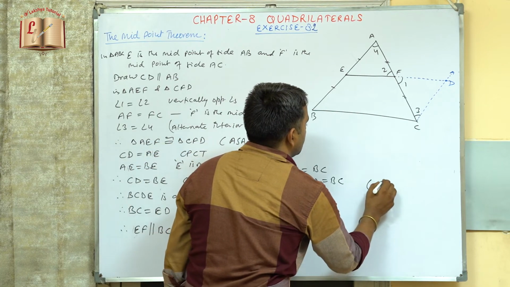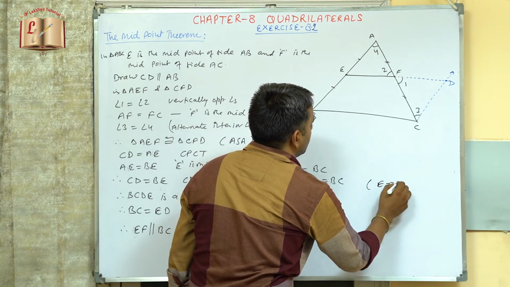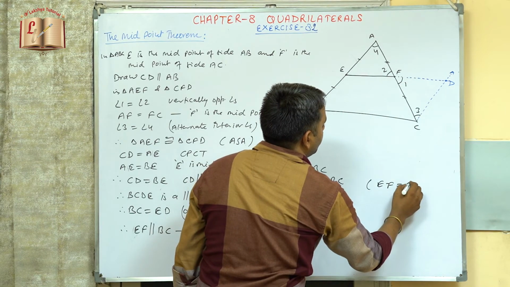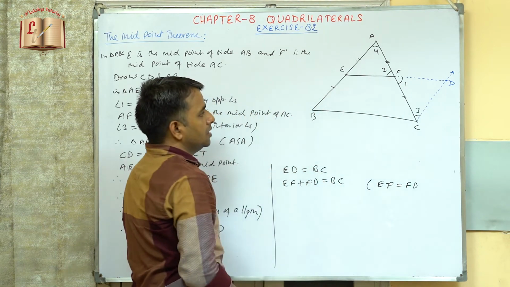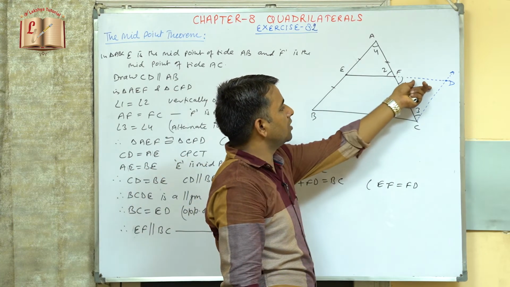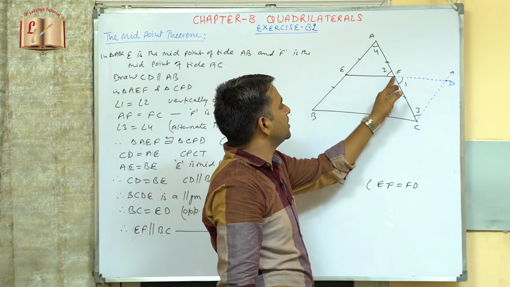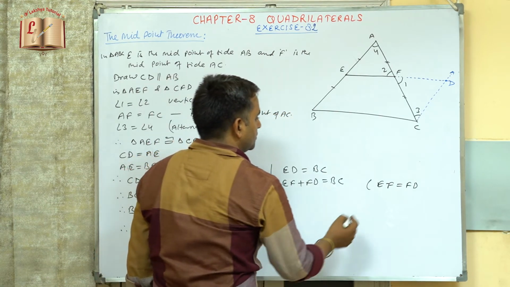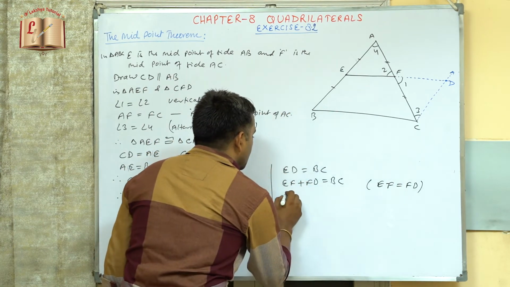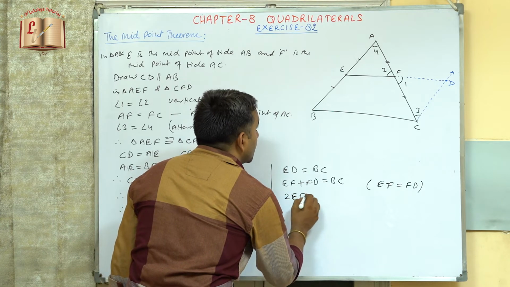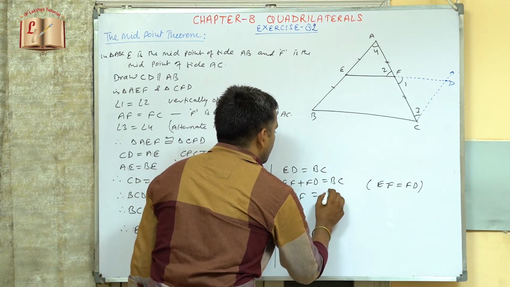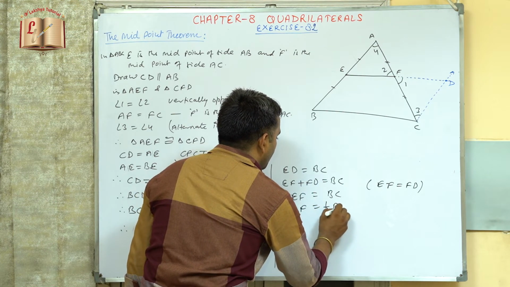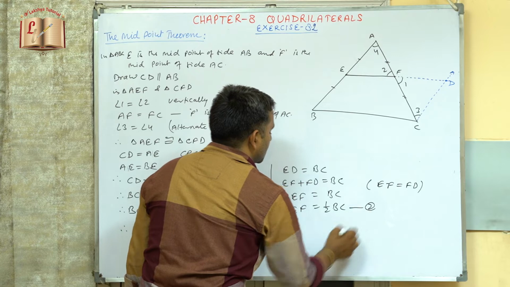Now EF is already equal to FD because F is the midpoint. So therefore twice of EF will be equal to BC, or we can write EF is equal to half of BC. This is equation number 2.